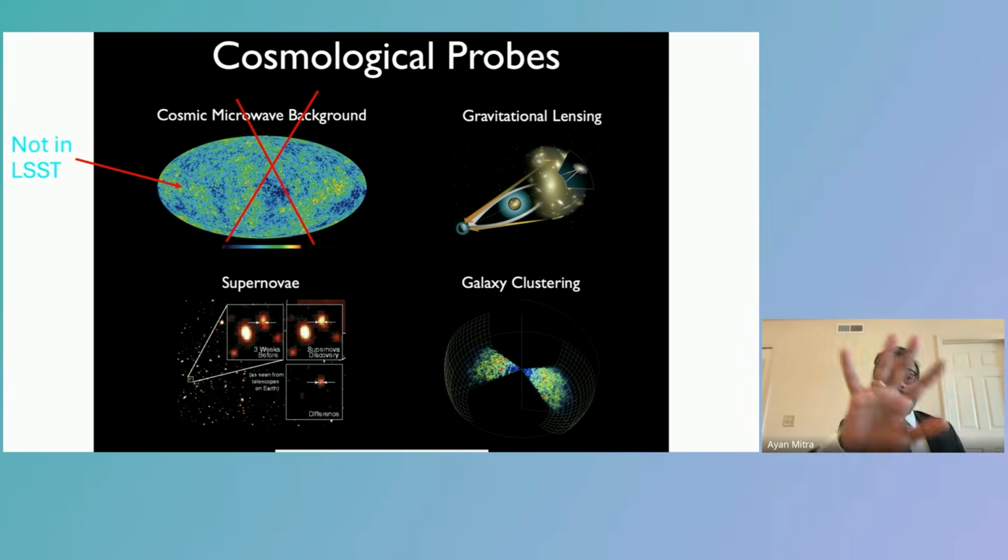So, a bit about the LSST. LSST is the Vera C. Rubin Observatory, named after Vera Rubin. It's a flagship project of the US Department of Energy.